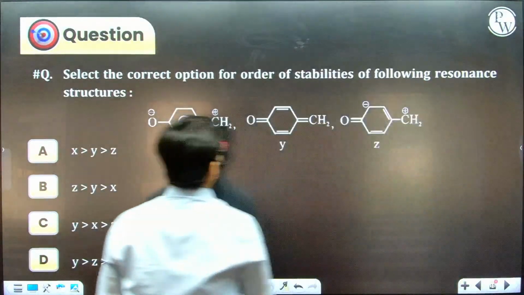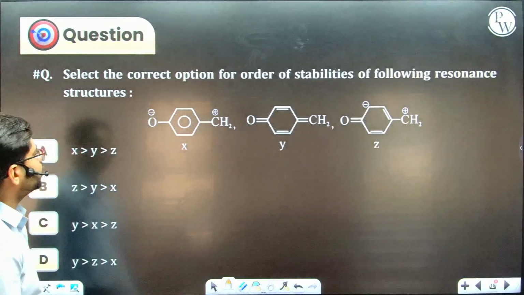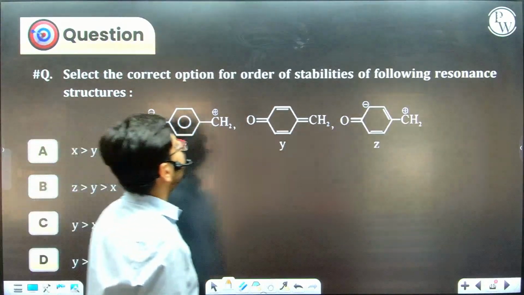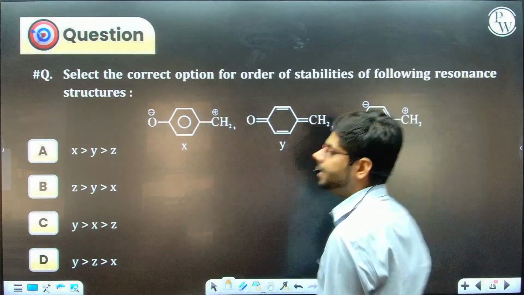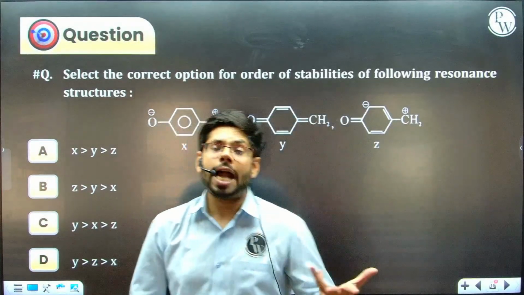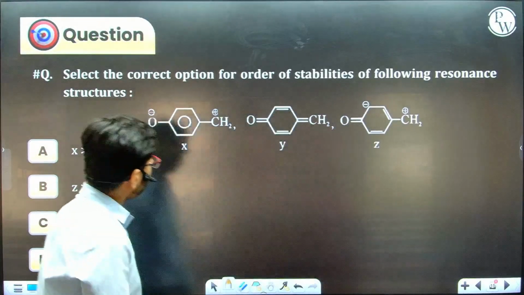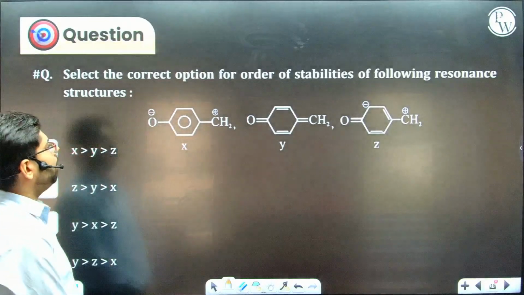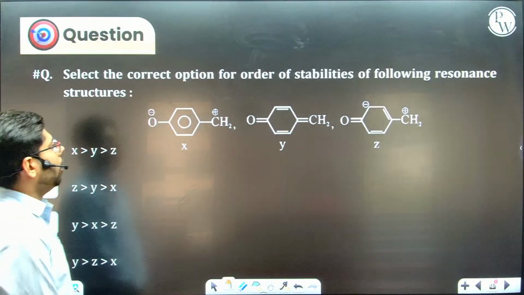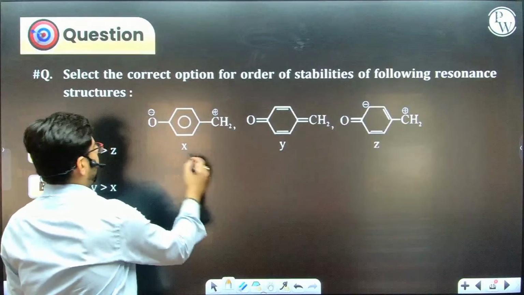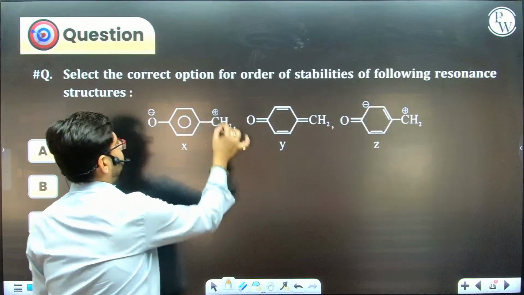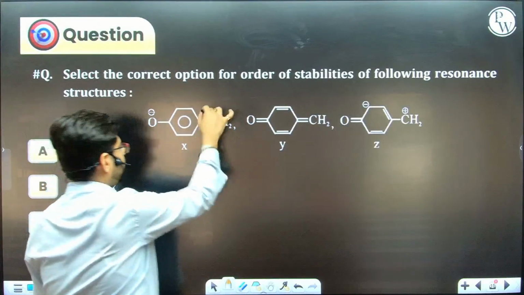Select the correct option for order of stabilities of canonical structures. Alright, for order of stabilities of canonical structures, the first thing to check is how many atoms have complete octet. Let's see. How many atoms have complete octet? Okay. In X, this has an incomplete octet because any positively charged carbon will have an incomplete octet.